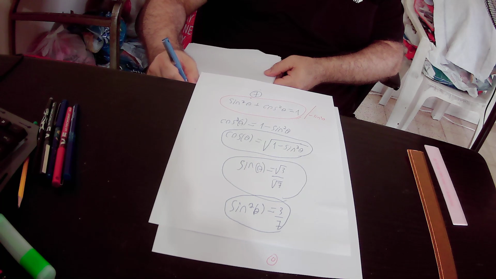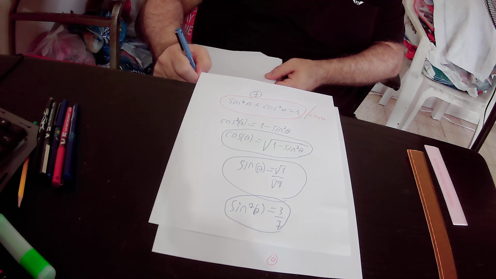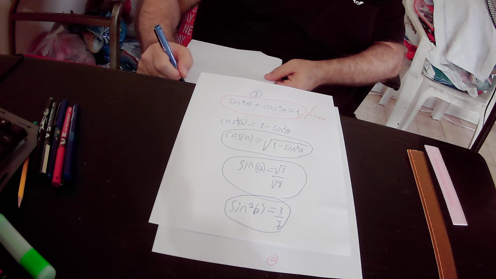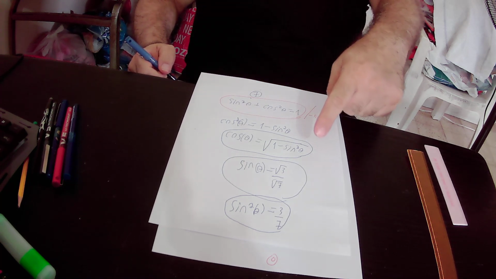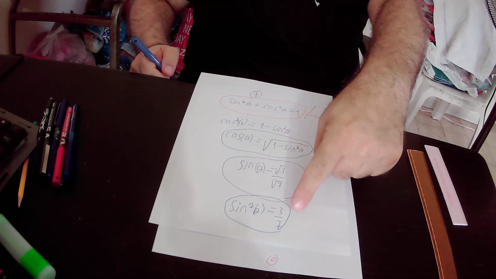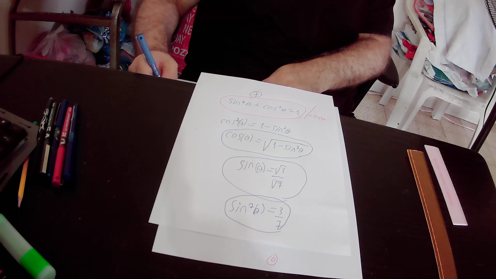So we will get that the value of cosinus theta equals to the root of 1 minus sinus theta squared, but we know that the value of sinus theta squared equals to 3 over 7.